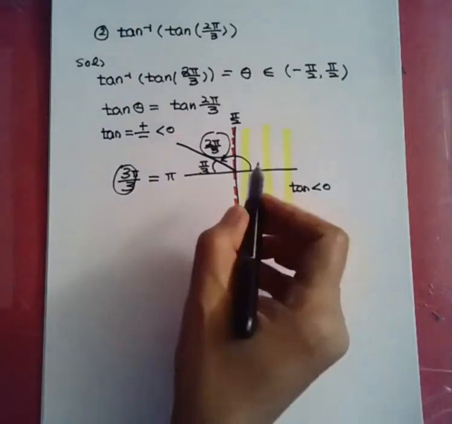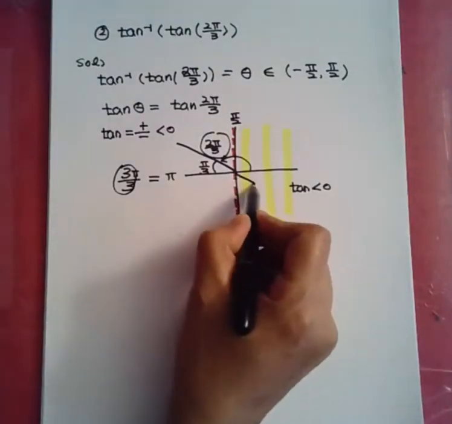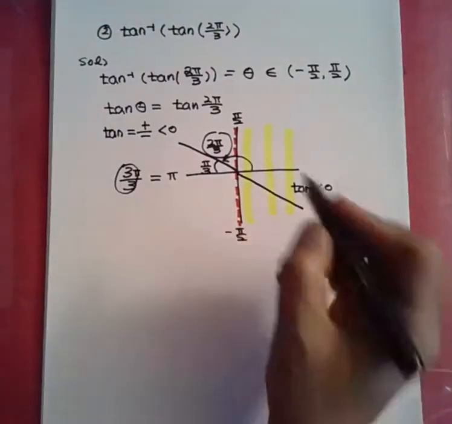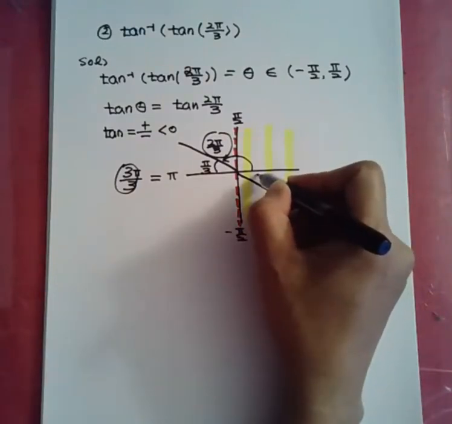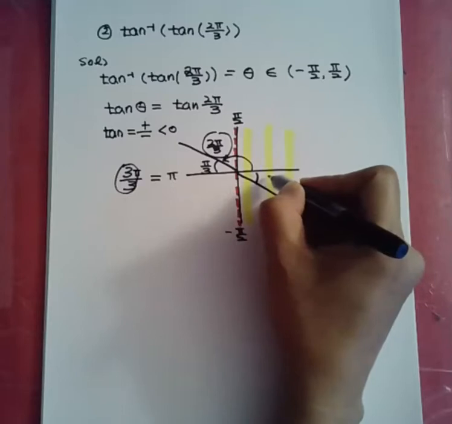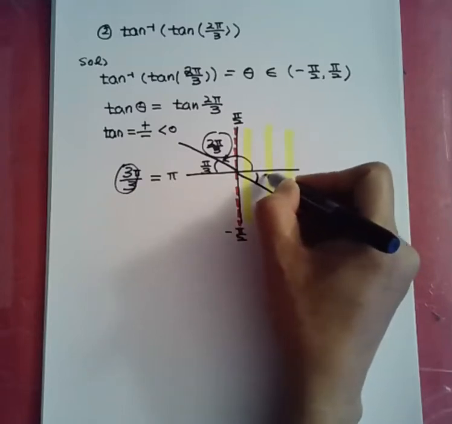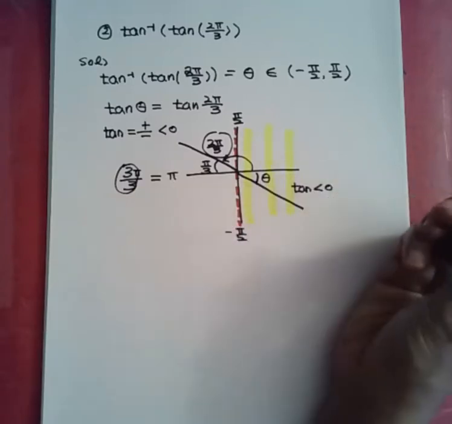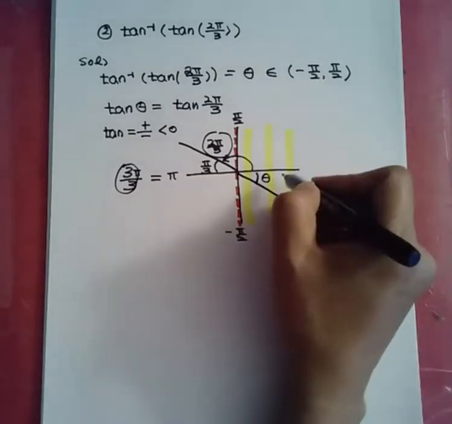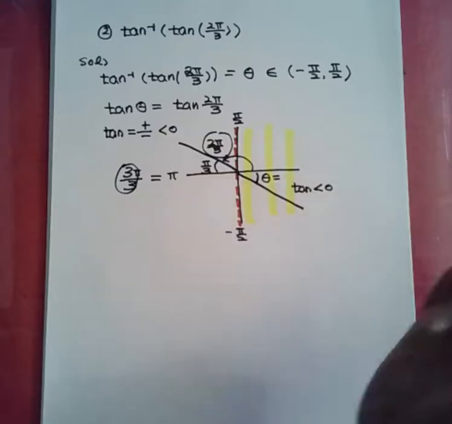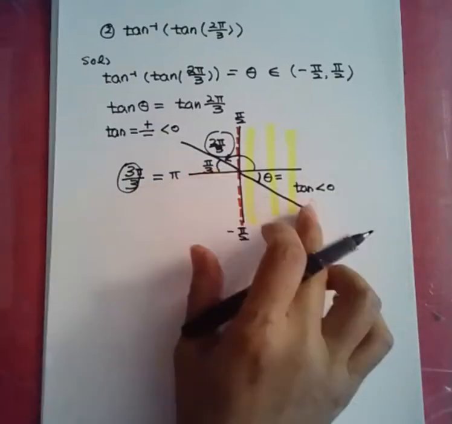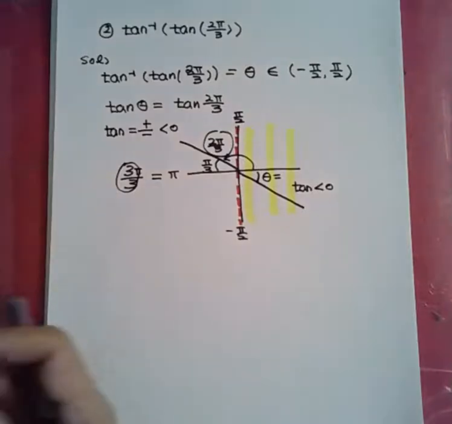So if we think about another angle, theta, in the fourth quadrant, whose reference angle is pi over 3, then that is the angle whose tangent value is the same as tangent of 2 pi over 3.